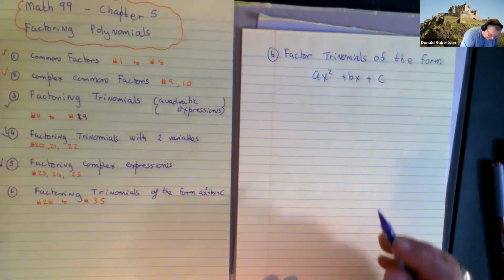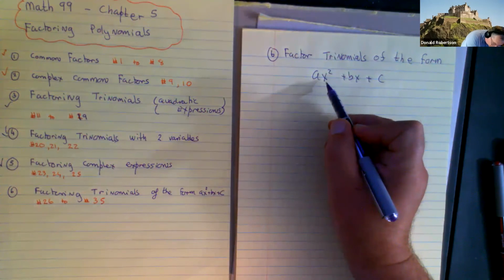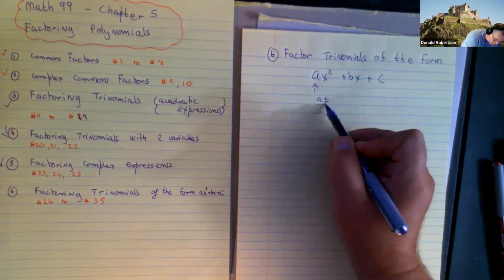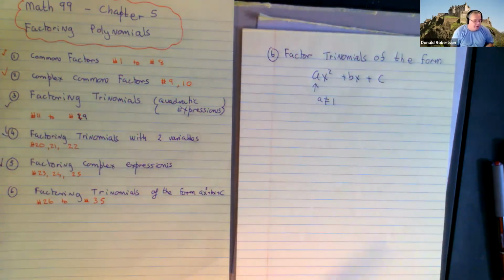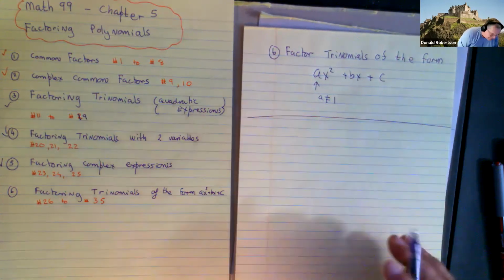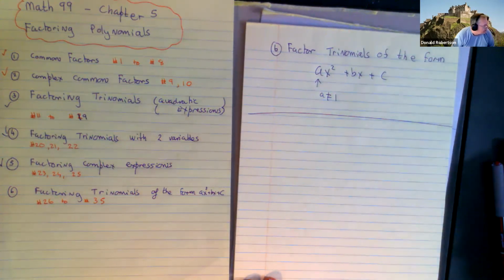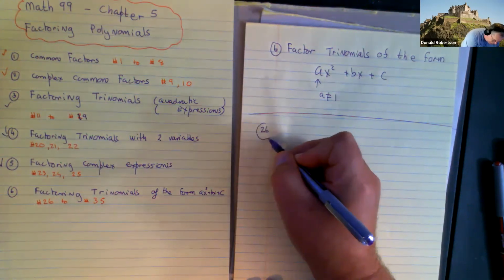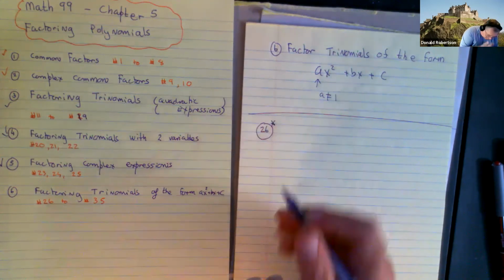What we're talking about here is quadratics or trinomials where this number is not 1. So you've got 2x squared, 3x squared, 5x squared, right? That type of situation. And that involves a lot more trial and error. You really very often have to do a fair number of permutations before you find the right one.